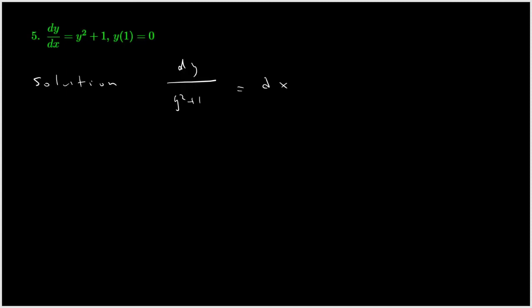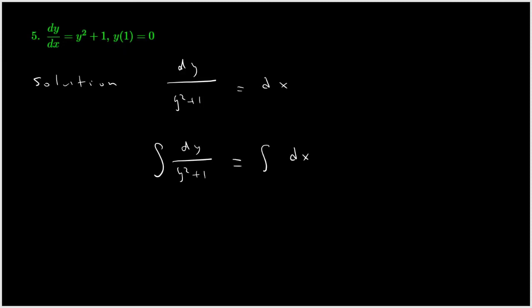And then we integrate two sides of the equation. The integral of the left hand side equals the right hand side, the integral of dx, where the integrand is 1. Now we get the antiderivatives of two sides.